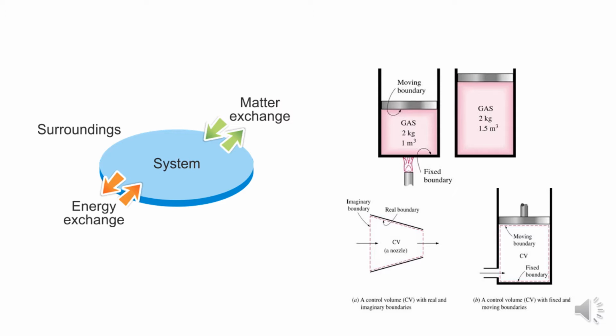Based on this we will define different properties of a system, and for fluid systems we will do the same. In fluid systems we usually take the control volume approach, where the volume is assumed to be fixed. There can be mass flow coming in and going out. For our purposes, the control volume system approach is taken for fluid mechanics.